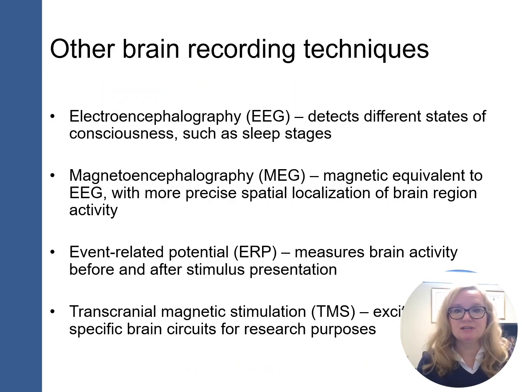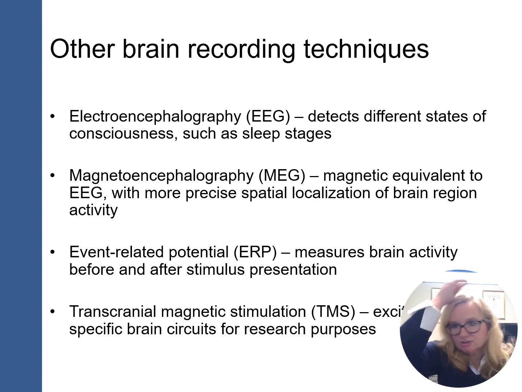You can also use EEG to detect different states of consciousness, such as sleep stages. Also, we use MEG sometimes, maybe a little less often. It's the magnetic equivalent to EEG, which allows for a more precise spatial localization of brain region activity. A lot of studies that we'll talk about use ERP, event-related potentials, that measure brain activity before and after a stimulus is presented.